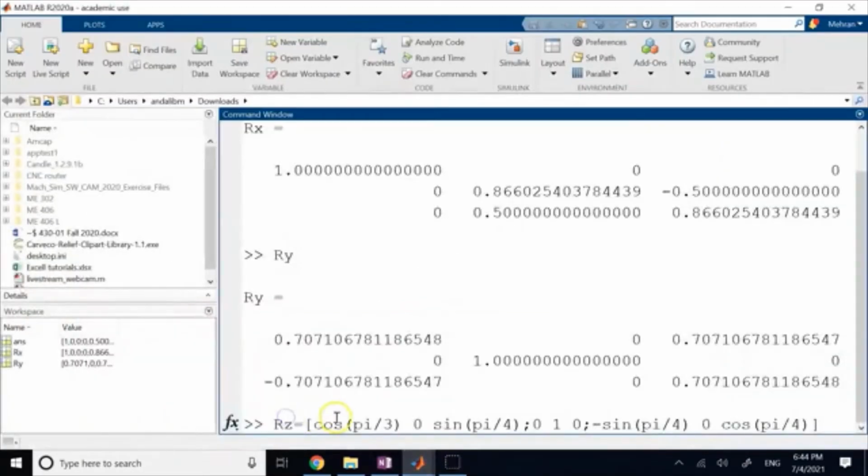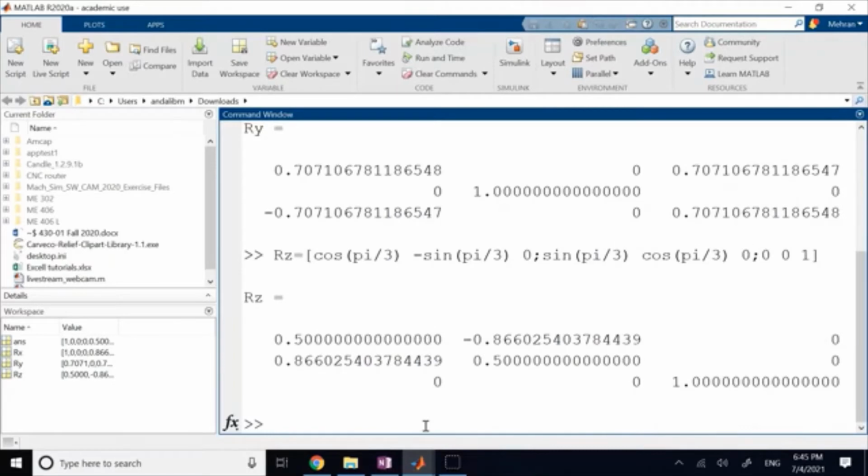Okay, so the cosine is there, fine. The next one is negative sine. Then you get a 0. Then you get a sine. Then you get a cosine. Then you get a 0, and then 0, 0, 1. Okay, so it should look like this.